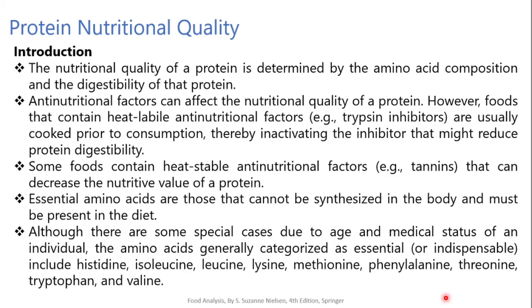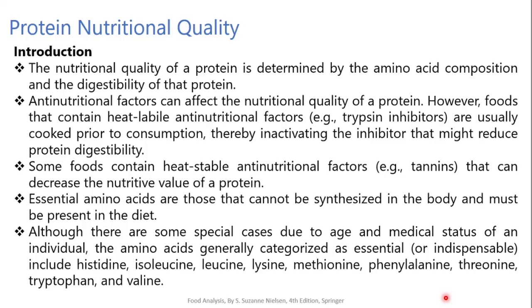Now the next one is the protein nutritional quality. The nutritional quality of a protein is determined by amino acid composition and the digestibility study of the protein. How the particular protein is digested and how much outcome we get from the digestion, we can find out the protein nutritional quality from that. The anti-nutritional factor can affect the nutritional quality of a protein.